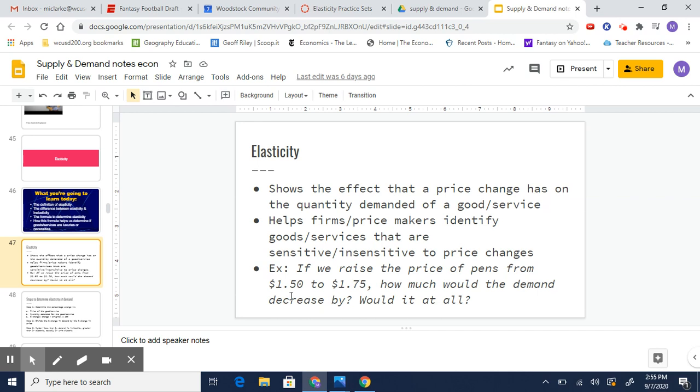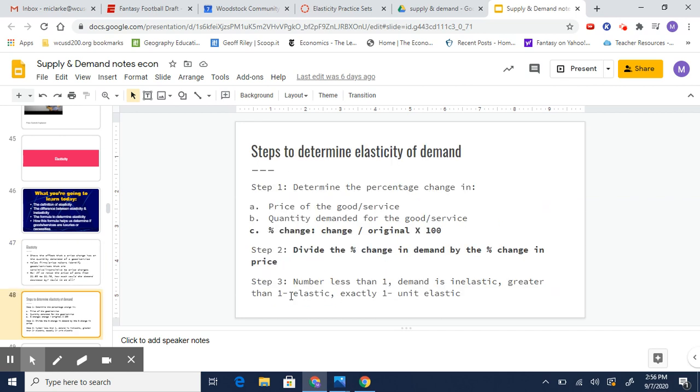So if you did 0.25 divided by 1.5 times 100, because you got to do that to put it into a percentage, you would get the percentage change in the price of pens. That is step 1. So let me go back to step 1 here. Part C. Percentage change is change over original times 100. That's an important equation, formula, that you need to know.